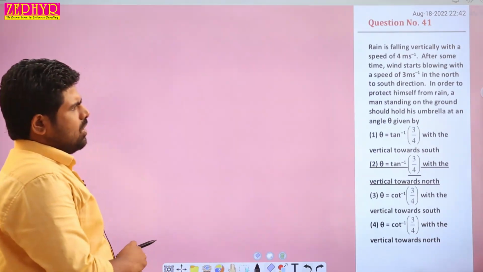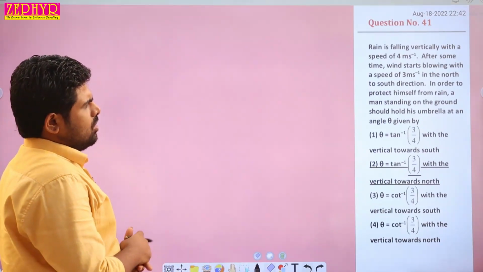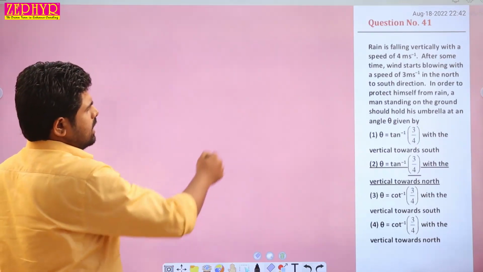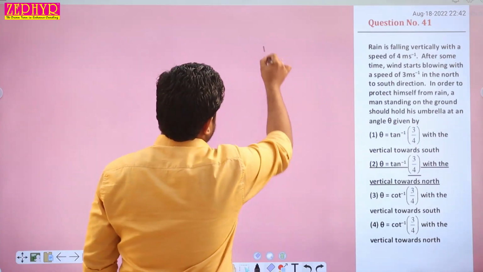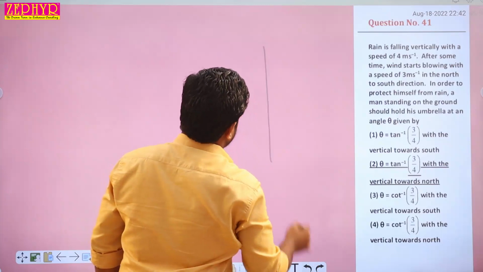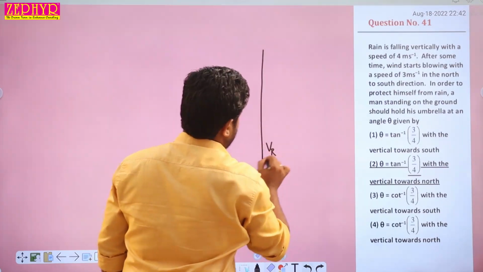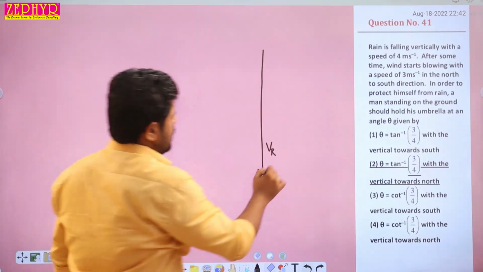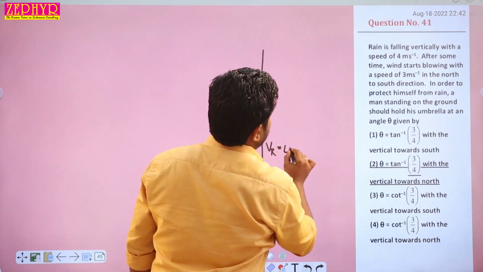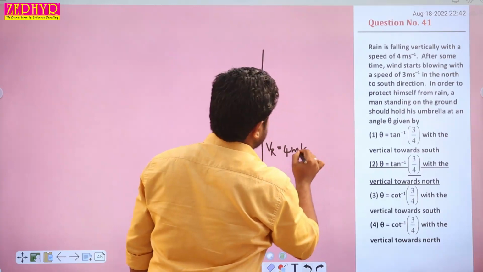Okay, then question number 41. Rain is falling vertically with a speed of 4 meter per second. So you just consider this one is the direction of rain, VR, and its value is 4 meter per second.